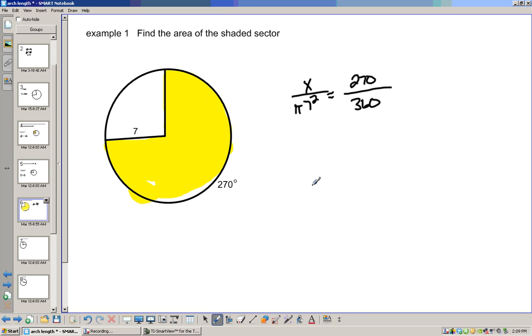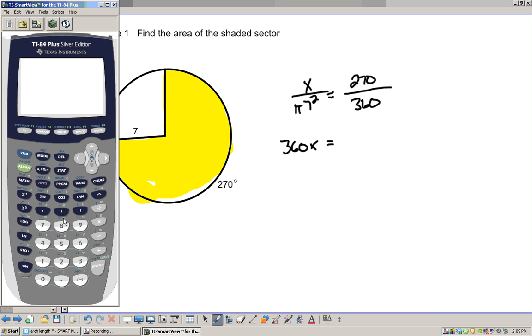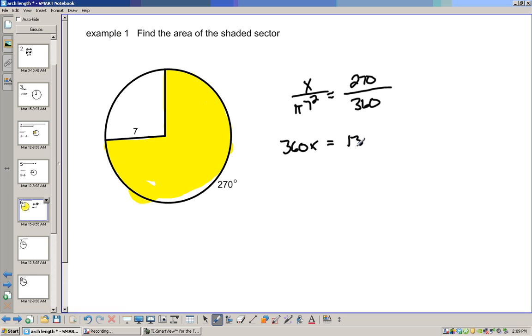Okay, so now you cross multiply and divide. X times 360 is 360x equals 7 times 7 is 49, and 49 times 270 is 13,230.